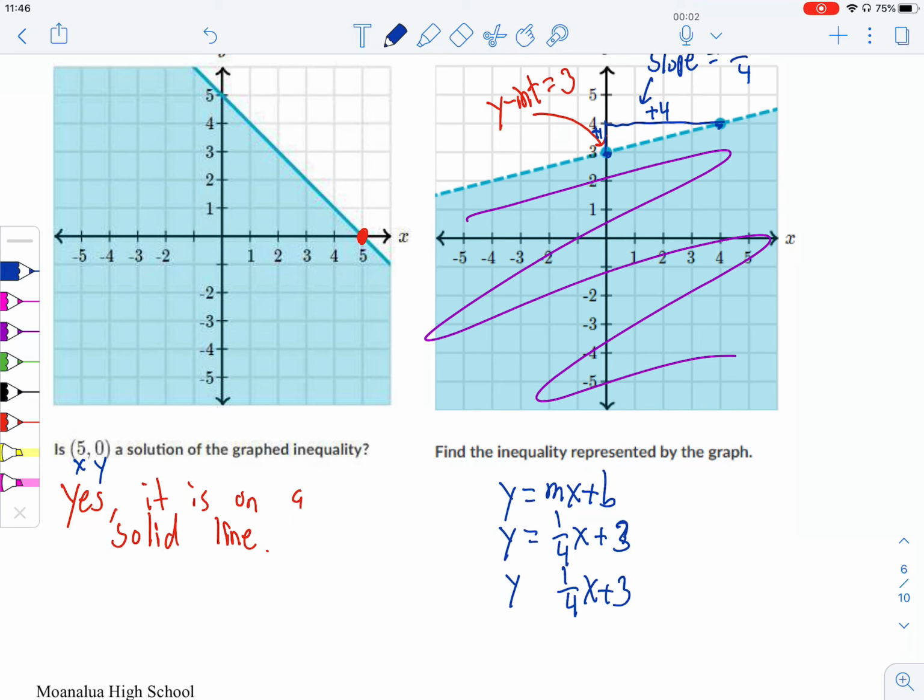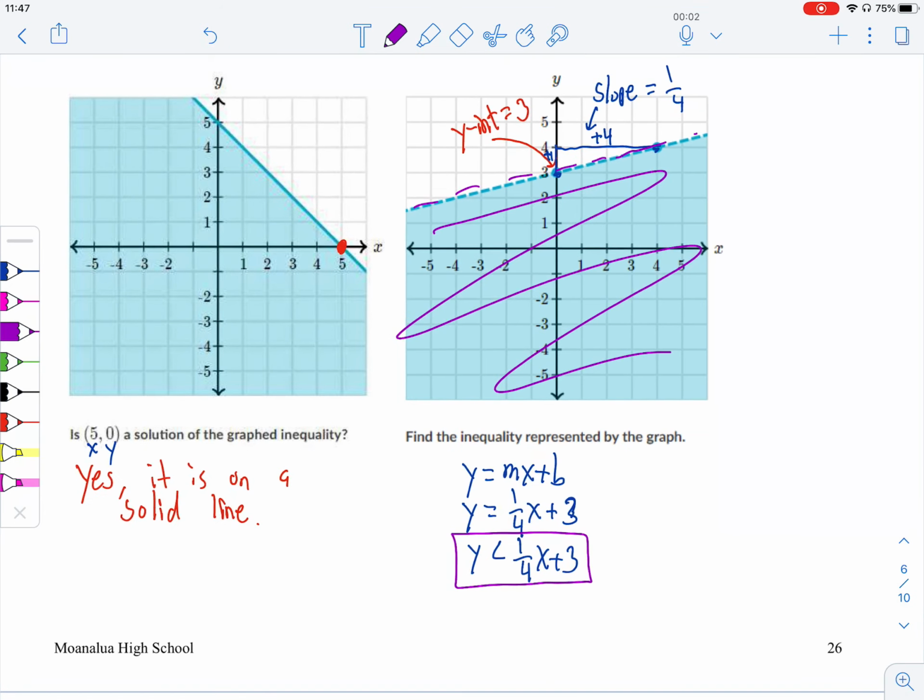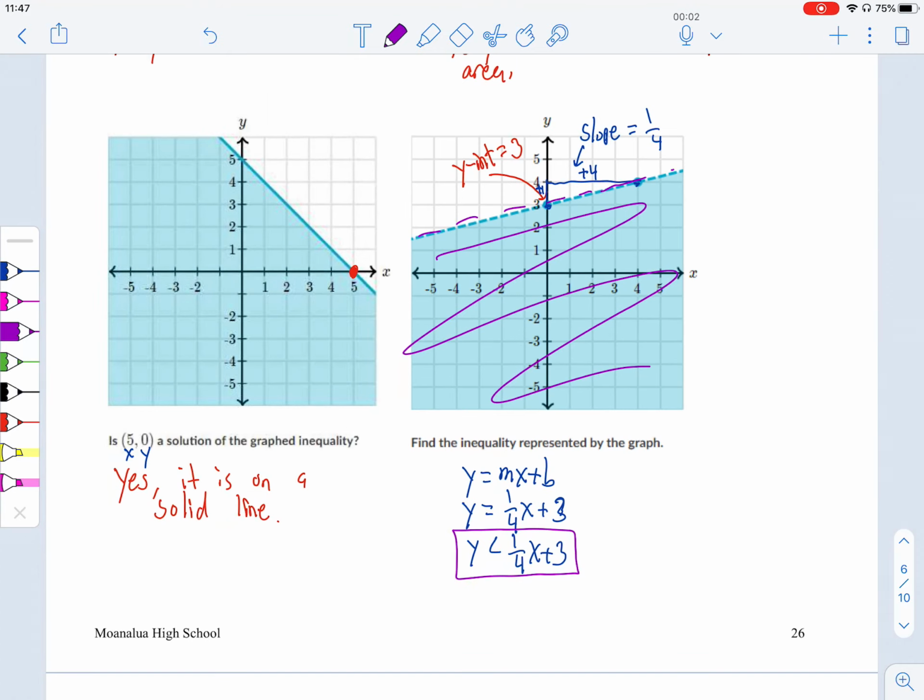So you know it's going to be less than. And then our line is dashed, so it's not equal to our line. It doesn't have a line underneath it. That would be a solid line. So it's just less than. So we have y is less than 1/4 x plus 3. And that's how we create equations.